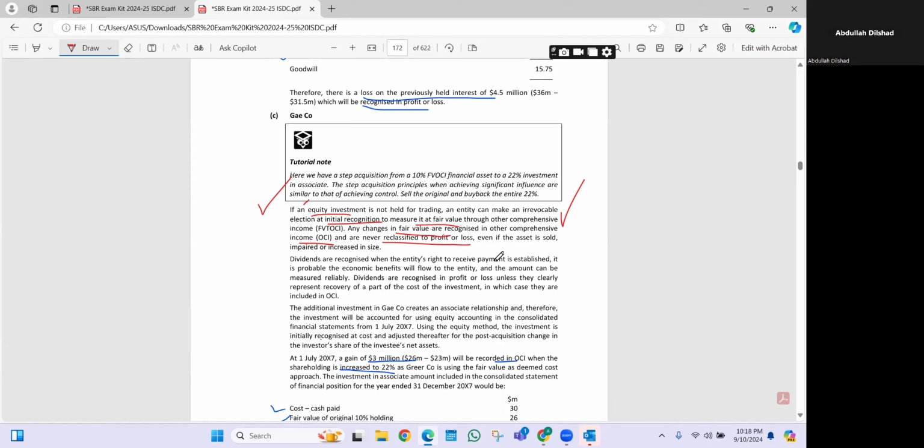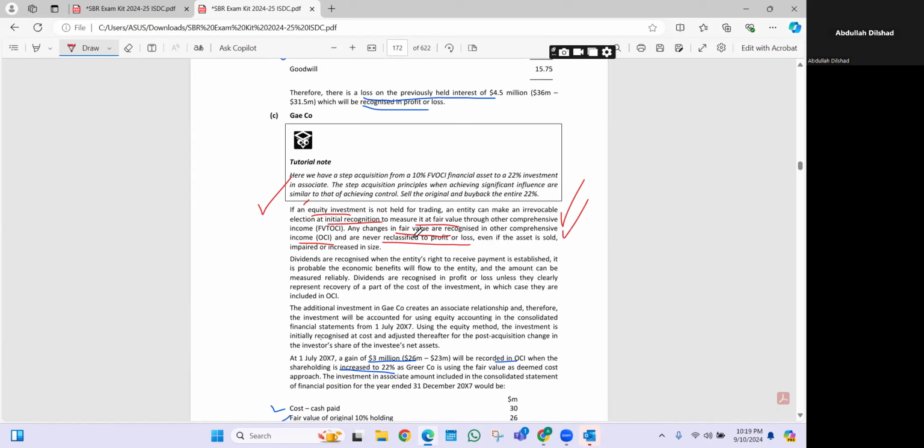And after that, if there are any changes in fair value, you need to record them in FVOCI. Since we have elected for fair value through OCI measurement, any fair value adjustment is supposed to be recognized in FVOCI and never reclassified to PNL.